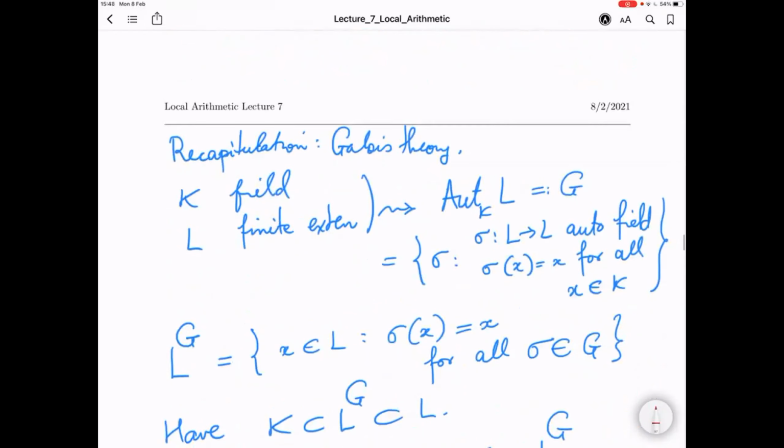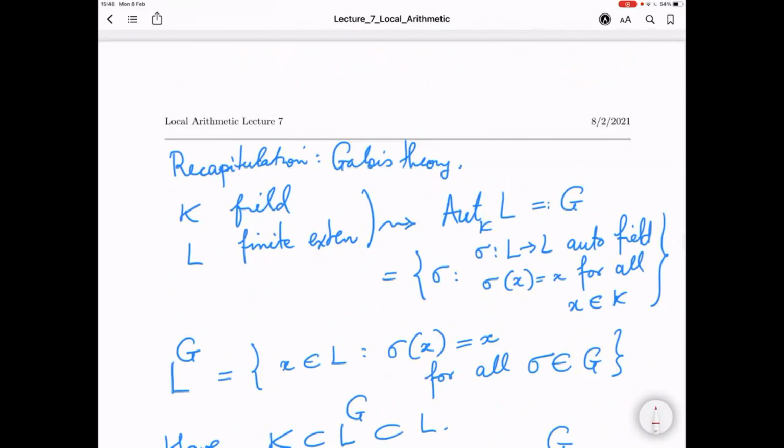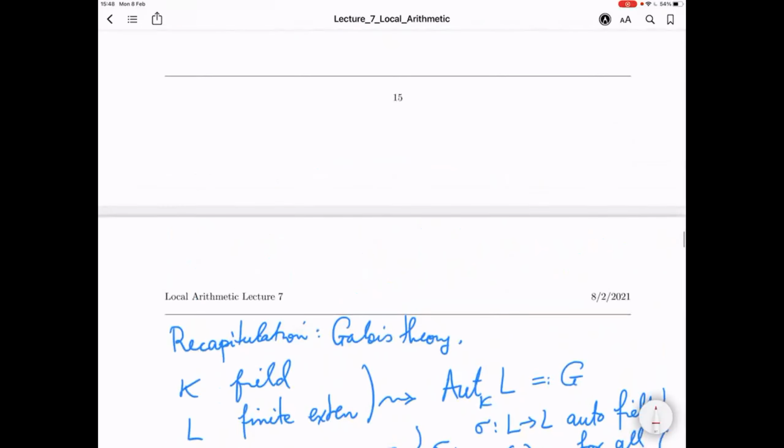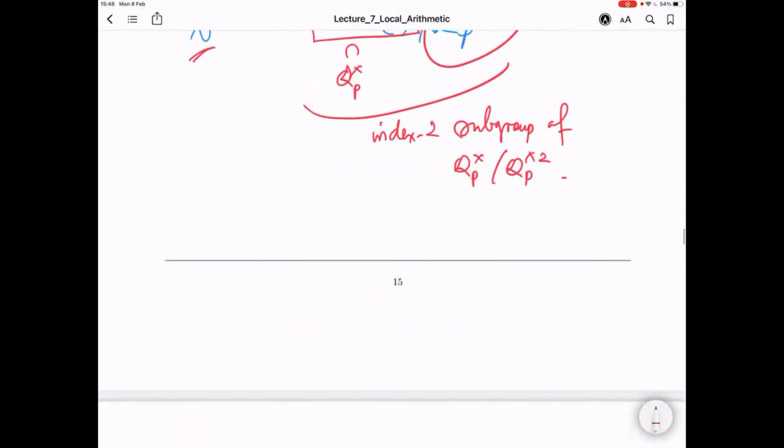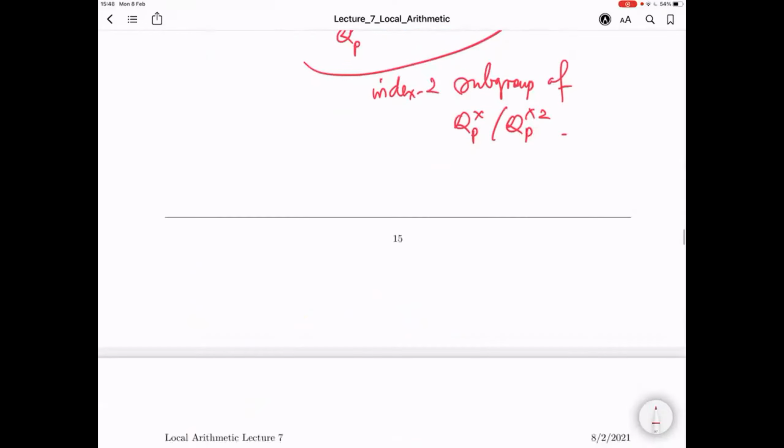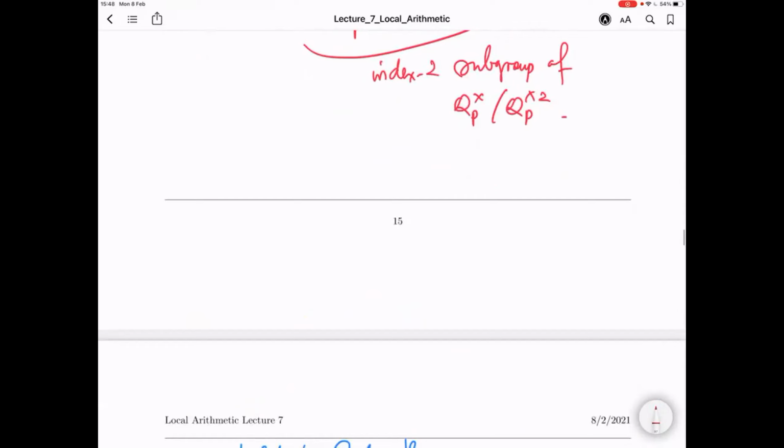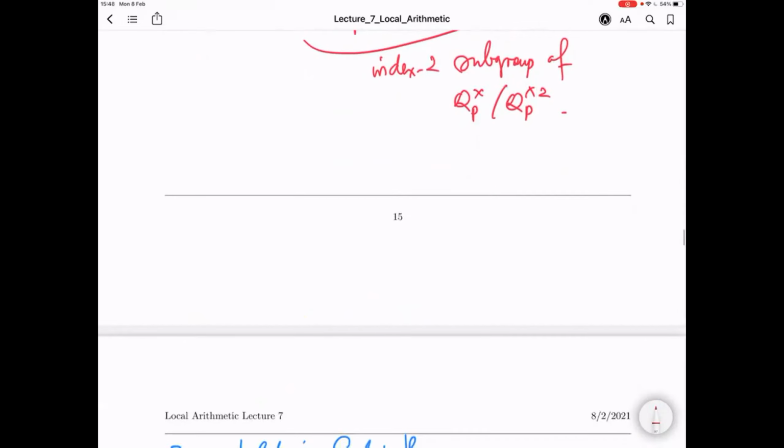So that was all I had to say about the Hilbert symbol. Basically, I promised that I'd do it later, so here is the time to do it.